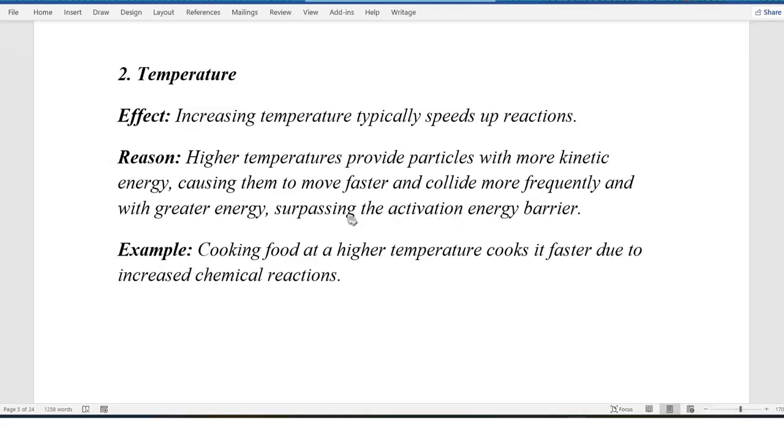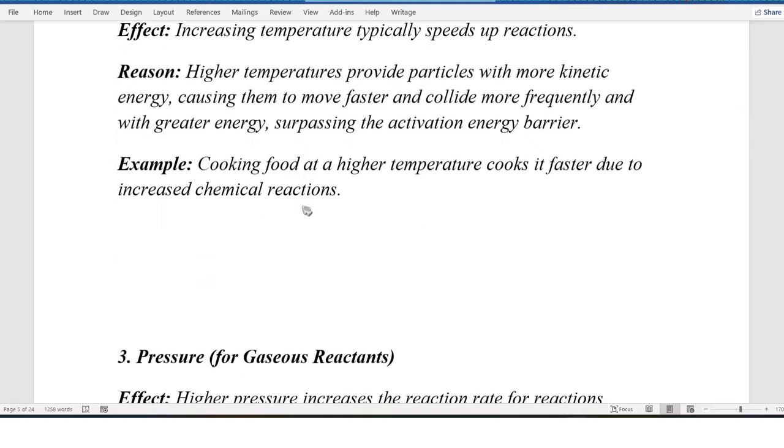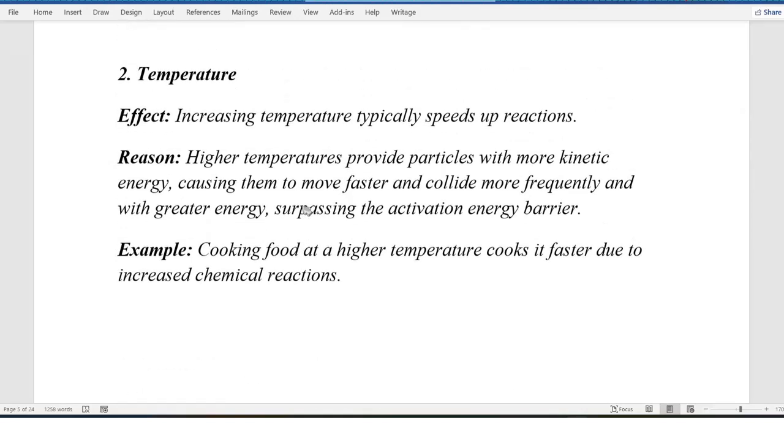So meaning you will easily surpass the activation energy barrier. In that regard, the chemical reaction will take place faster. So when you look at cooking at higher temperature, it is faster due to the increased chemical reactions.